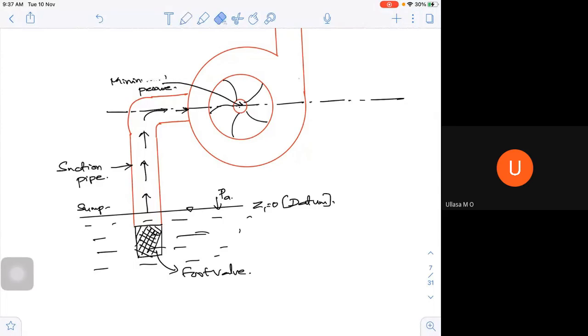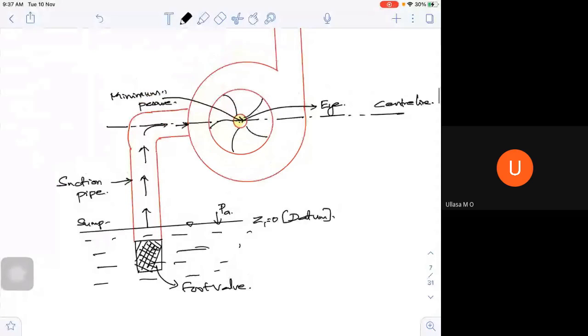That is the eye of the impeller, and this is your center line which passes through the eye of the impeller.